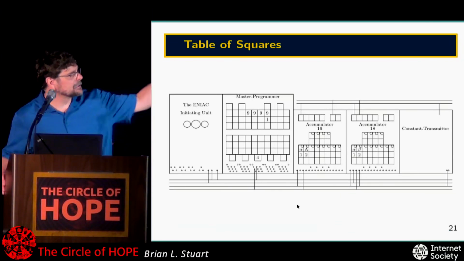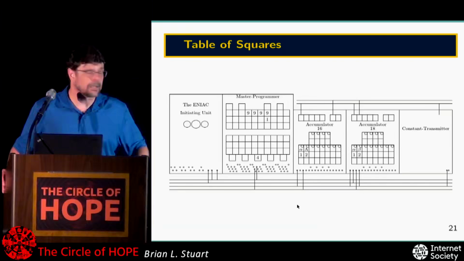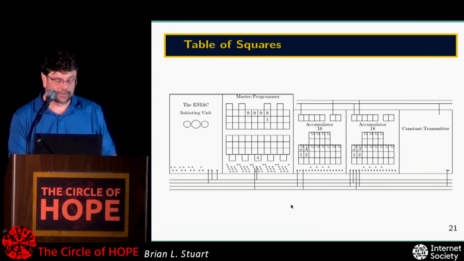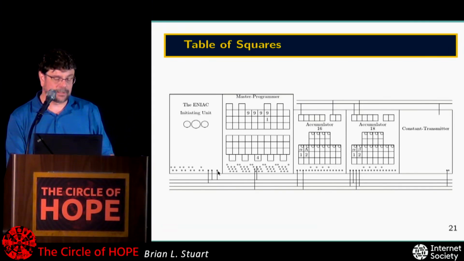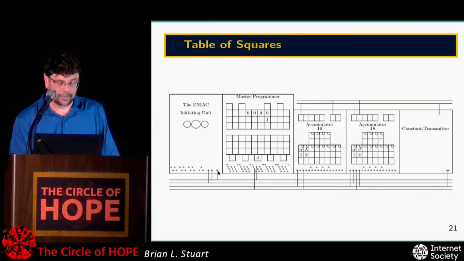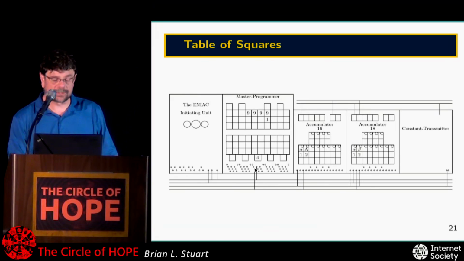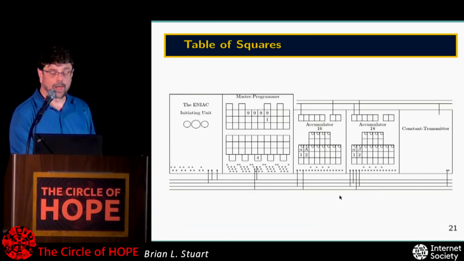So what happens is, when we're looking at a control pulse that, say, for example, comes out of, in this case, the initiating operation, then it will travel and trigger an operation here on the master programmer. And when it's done, it triggers something on the next stage, and so on. So let's look at that last one. This bottom control line here, the output feeding it is coming from the master programmer.